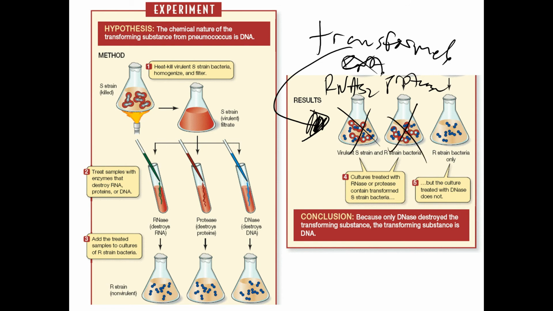Well, that means that proteins are not the source of genetic material. Treating with a DNase, right? You have only rough strain bacteria, no smooth bacterial cells, no virulent cells. So that told Griffith that the source of genetic material is DNA.